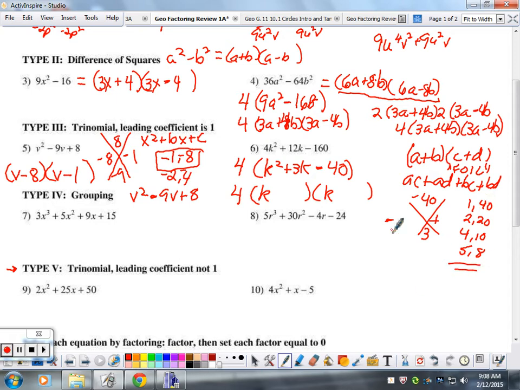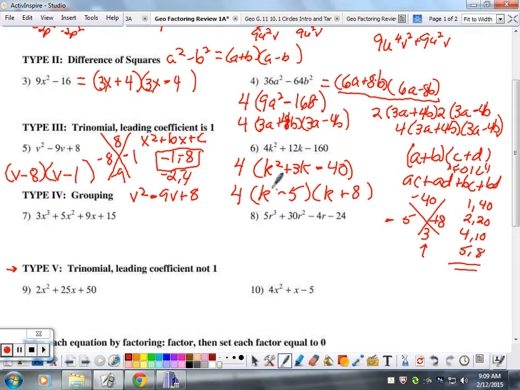And then you have to decide who's positive and who's negative. Notice how this number is positive. That means the bigger number had to be the positive number. If this had been negative, then the bigger number would be negative. That's what you did in your head, right, Joseph? Of course, it went instantaneously, didn't it? Which is good. And with time, everybody's going to be kind of instantaneous. You get better at it as you do it.